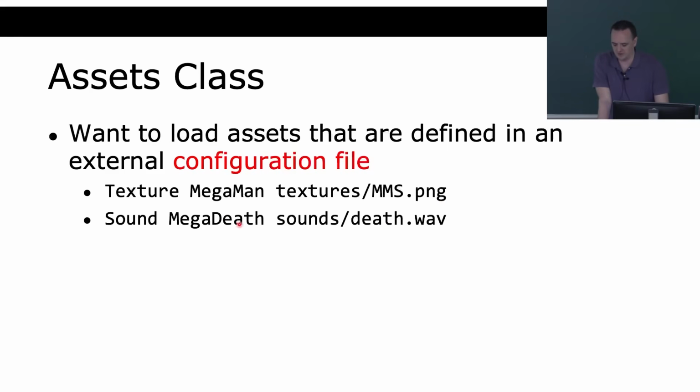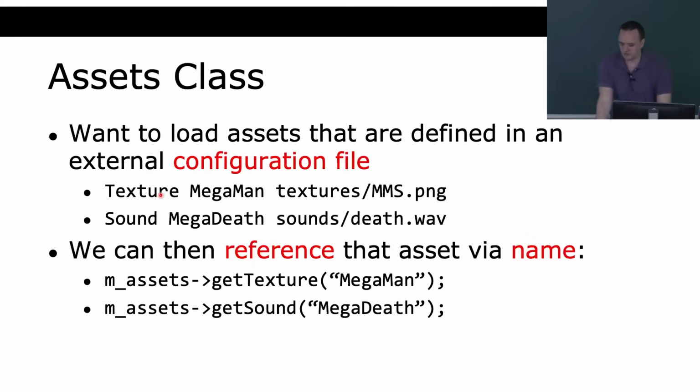That sound, give it the name Mega Death, not the band, but the death of Mega Man, I guess. And here's where that sound lives. You'll do the same thing for your project wherever you've downloaded your own assets. You're going to specify all of your assets here. And then the asset manager is going to look through that and say, oh, was the first thing on the line texture? If so, load a texture from here, etc.